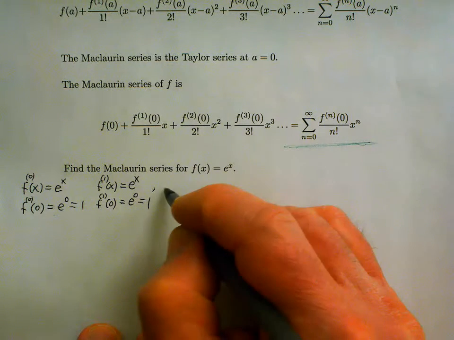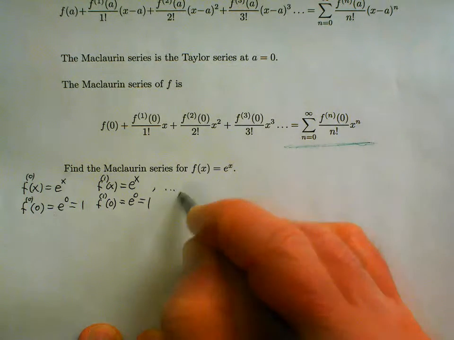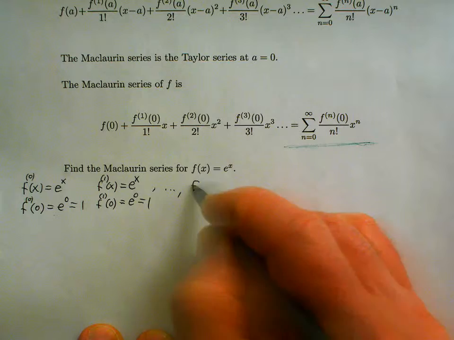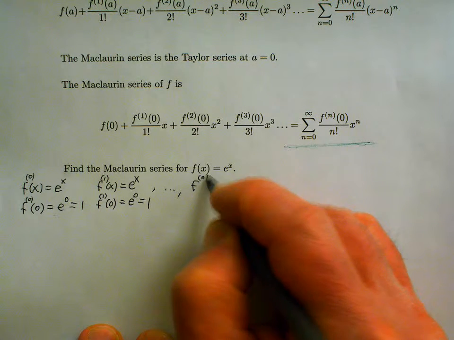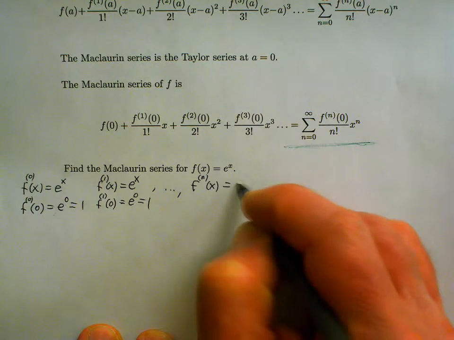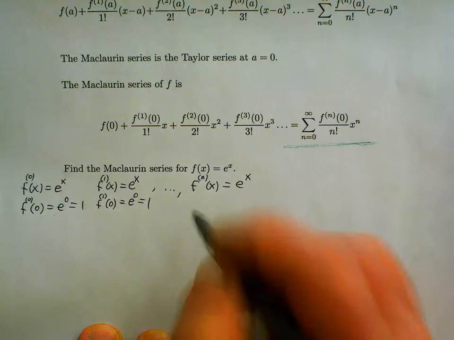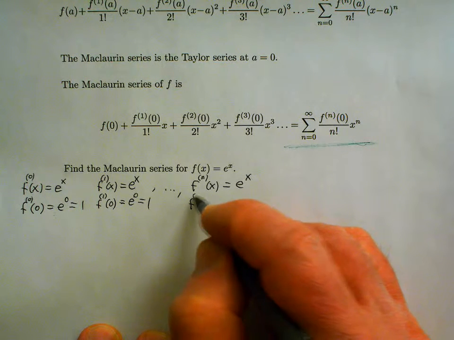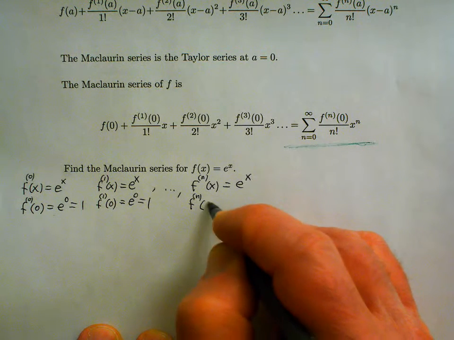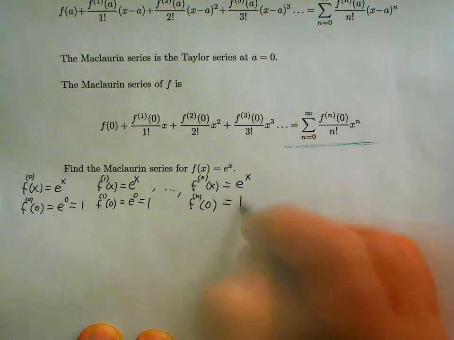So you know that in general, for f of x equals e to the x, the nth derivative is just e to the x. And so the nth derivative evaluated at 0 is equal to 1 in this case.